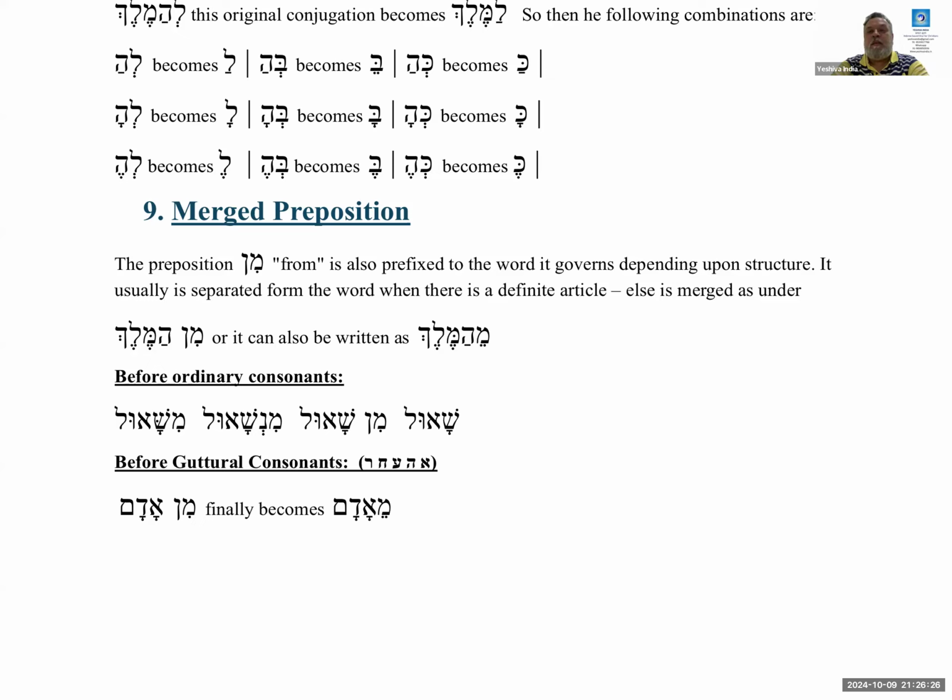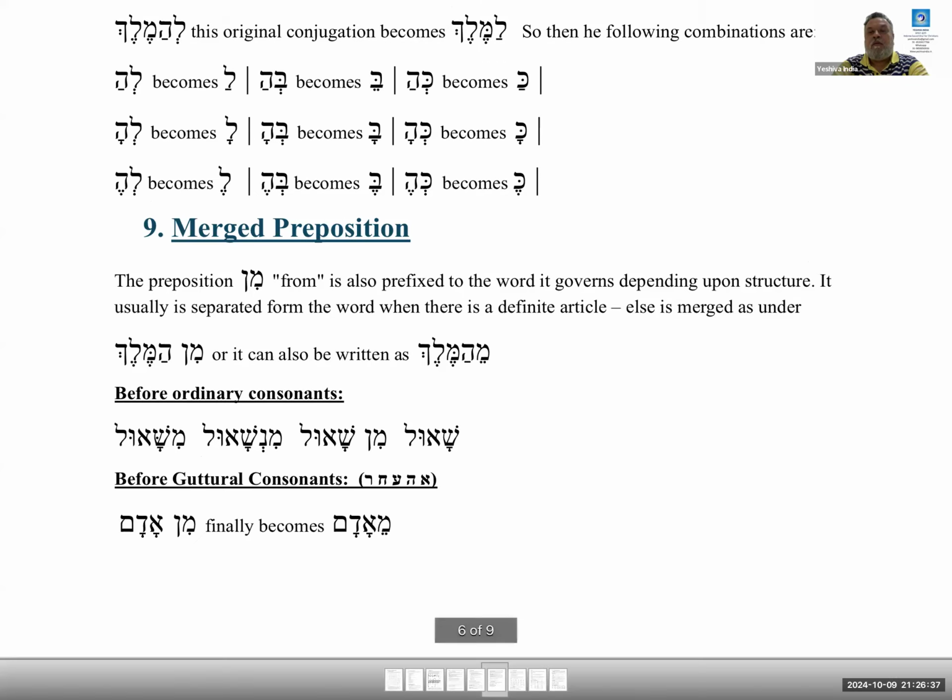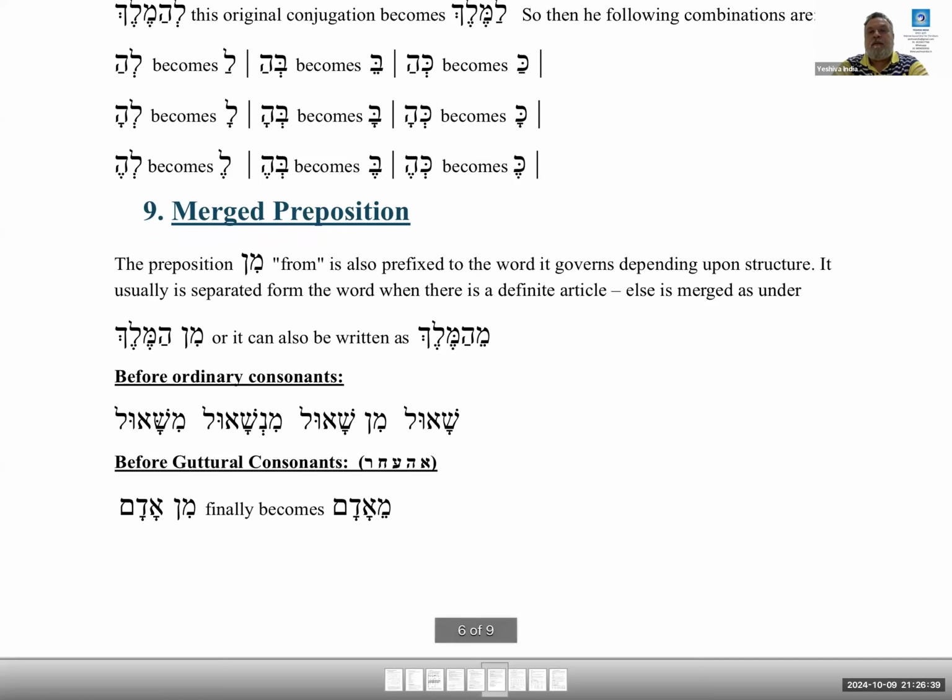So min shaul. Basically, look at the word now. If you look at the word shaul, you add the preposition min shaul, then conjugated defectively as min shaul, and then you remove the nun from here and it becomes mishaul.